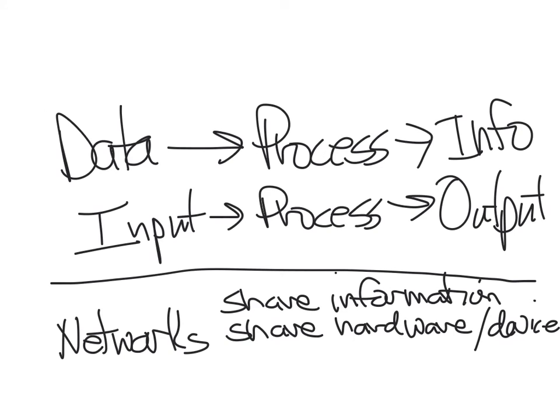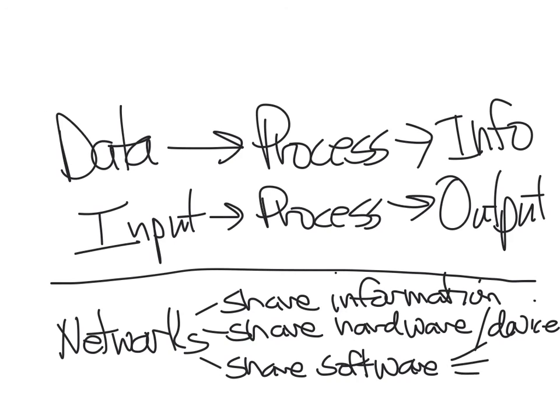We can have one printer and everybody can use it. We can share software. You know, have software located in one place and have lots of people use it, as long as the licensing is okay for that. Or we share apps in the cloud. That's it.